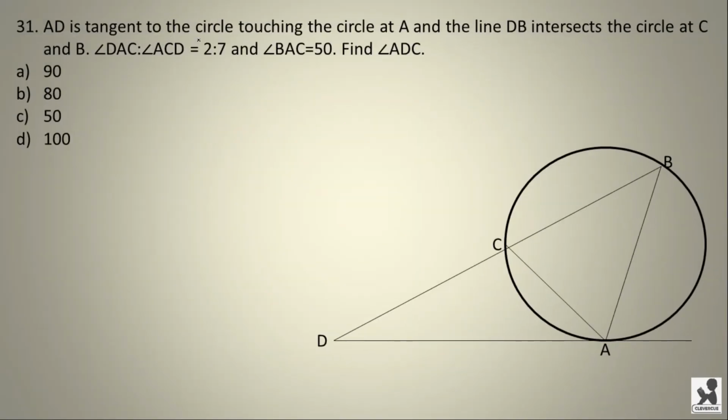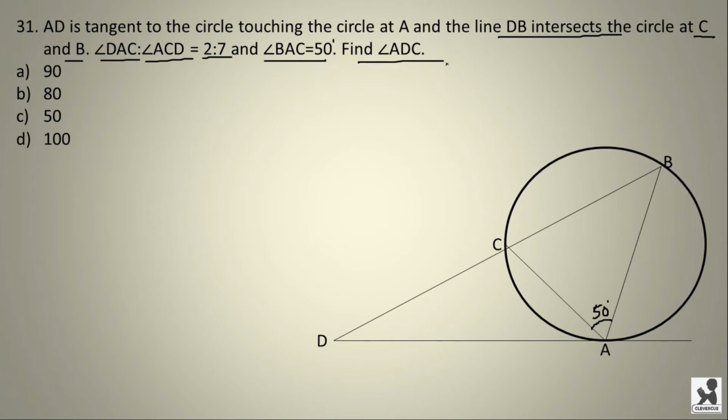AD is the tangent to the circle touching the circle at A, and the line DB intersects the circle at C and B. Angle DAC is to angle ACD is 2 is to 7. Angle BAC is equal to 50 degrees.